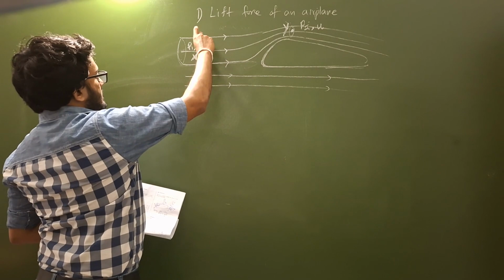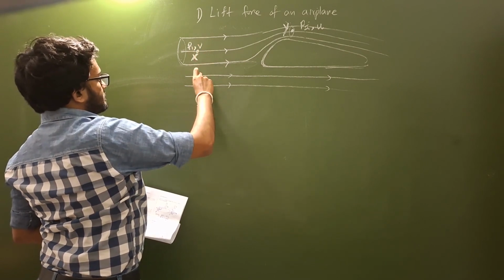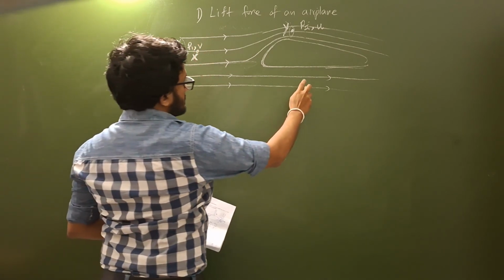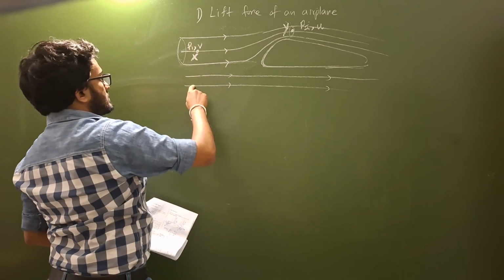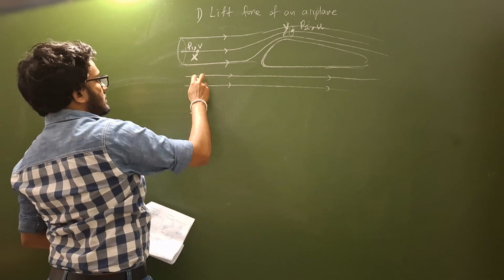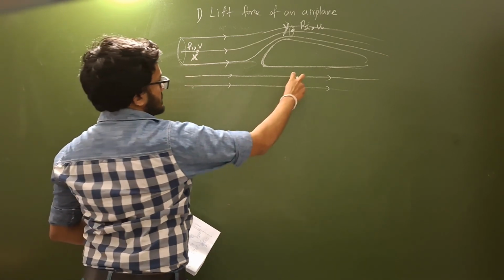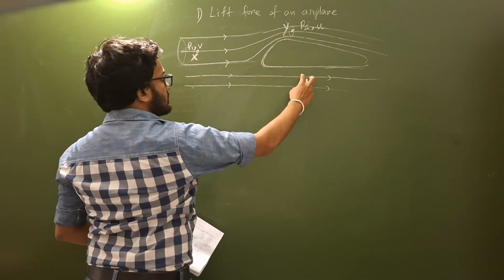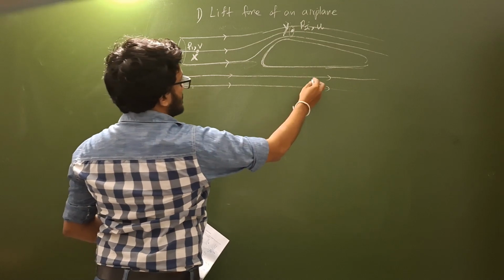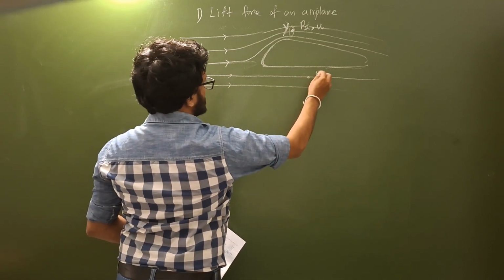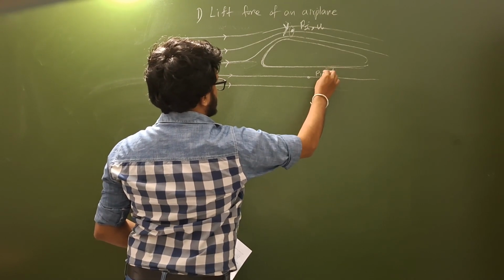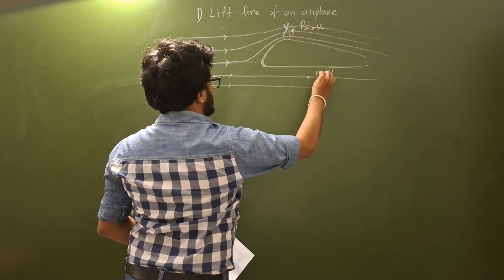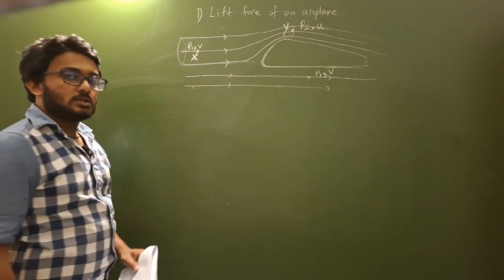If you consider the gap between these streamlines, at all of these positions, velocity is the same. It is unaffected. Below the wing also, at this position also, pressure and velocity are not affected, right? Velocity is constant and pressure is also constant.